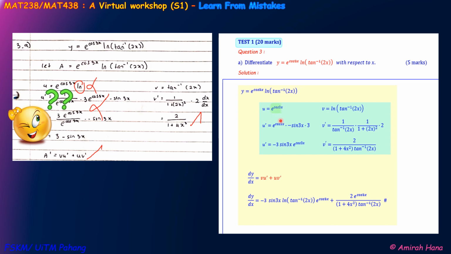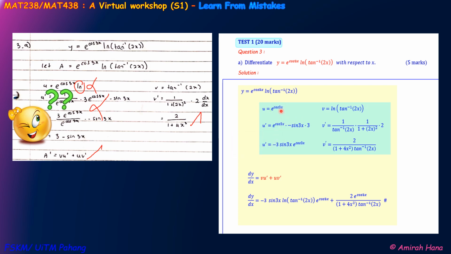From u equals e to the power of cos 3x, to find u prime, we can refer from derivative of e to the power of single x. We get back e to the power of x. Kita dapat balik function yang sama. So, means that when we differentiate e to the power of cos 3x, first, we get back e to the power of cos 3x, right?